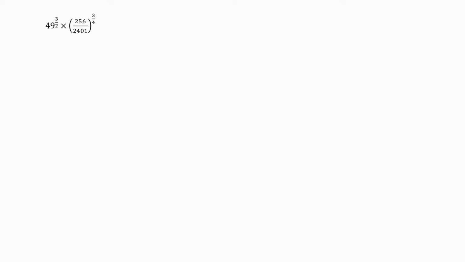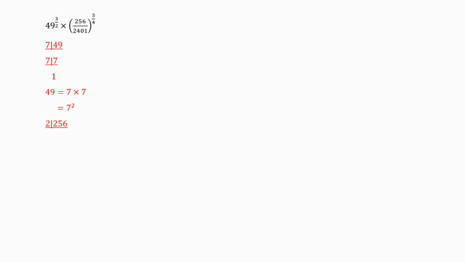The smallest divisor of 49 is 7. If you divide 49 by 7, you obtain 7. The smallest divisor of 7 is 7. And so 49 is equal to 7 times 7, which in power form can be written as 7 raised to power 2. Then we factorize 256.